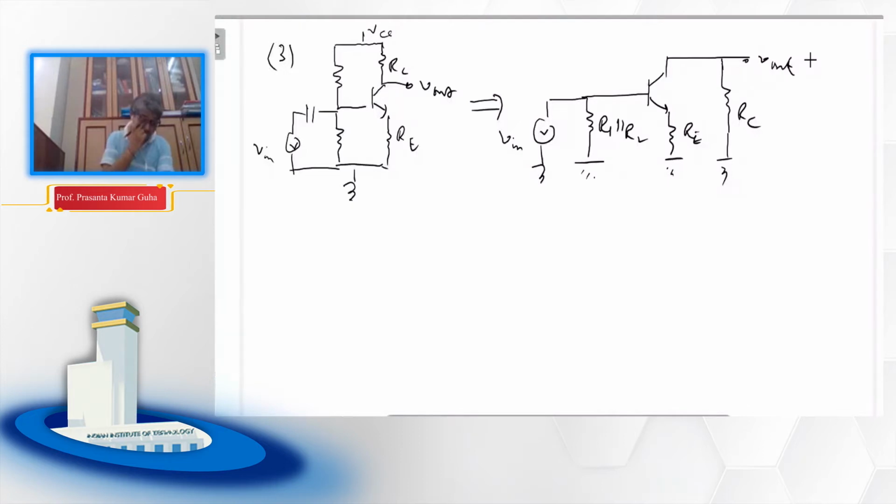In that case, again you can find the input resistance. Let's write the gain first. Gain will not change, simply because R1 R2 is not attenuating the input signal. The voltage here and voltage here is the same, so your core gain equation will remain the same.